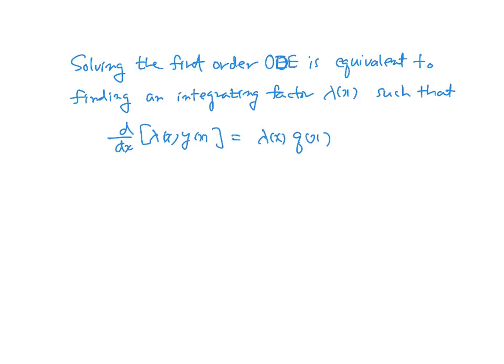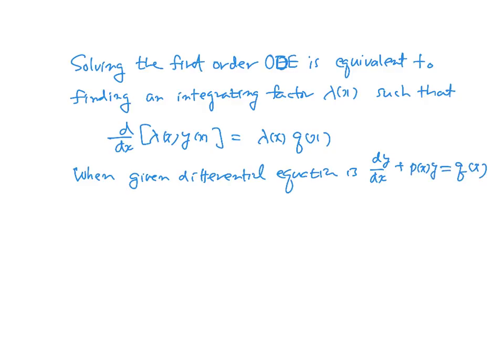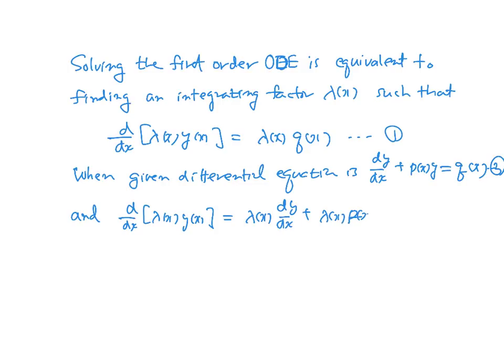So the given differential equation is dy/dx plus p x y equal q x. This is 1, this is 2, and d/dx of lambda x y of x is lambda x dy/dx plus lambda x p x y.